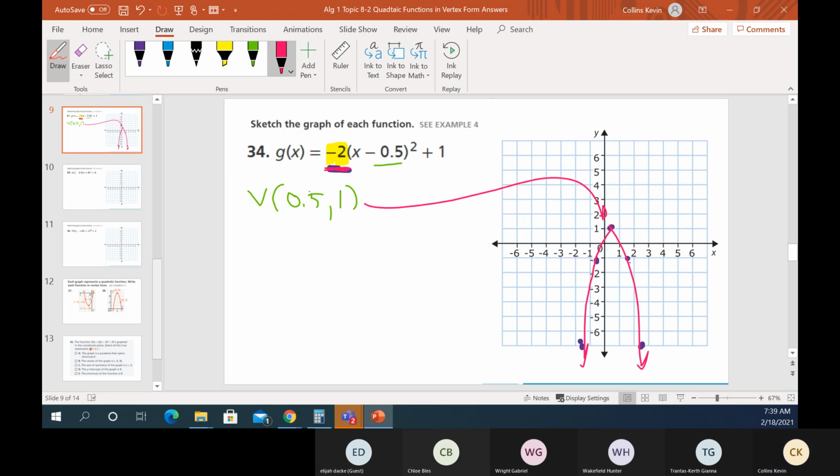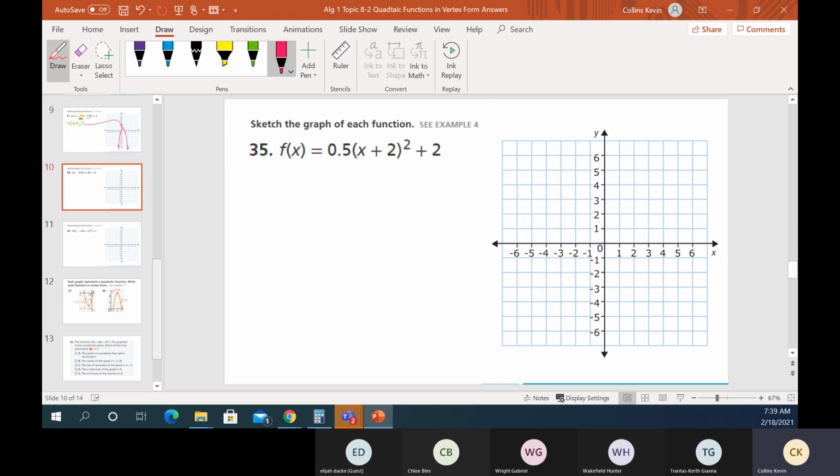Questions? Let's check out a few more, make sure we got it. All right, so this one, figure out our vertex. Always start there. So we switch the sign here. Leave the other guy alone.